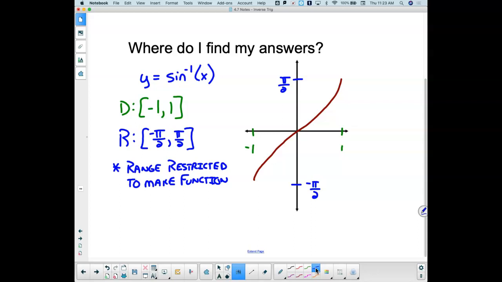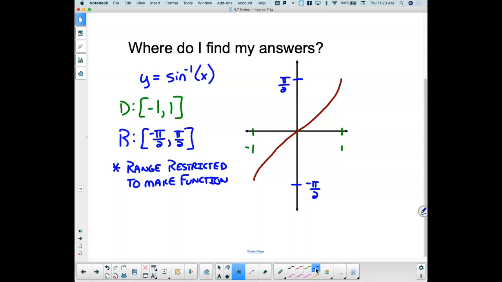Second quadrant is from pi over 2 to pi. Restate the question: where on the unit circle are angles negative pi over 2 to positive pi over 2?